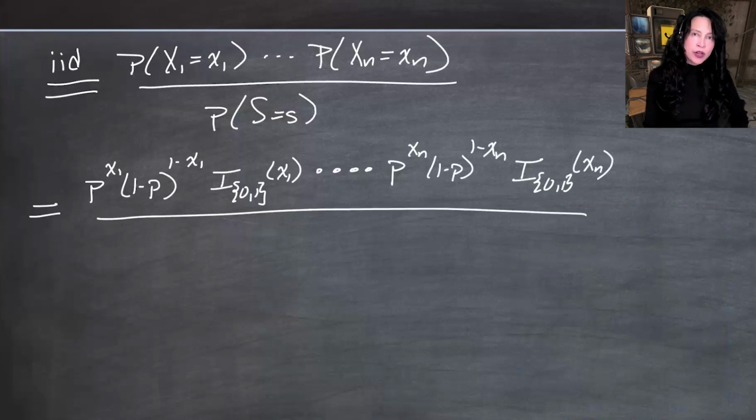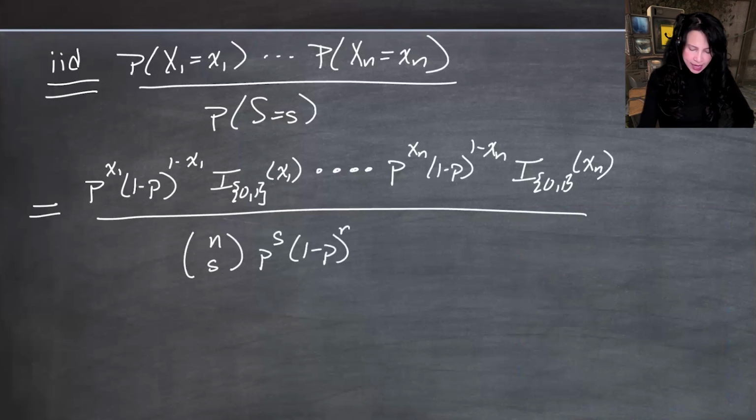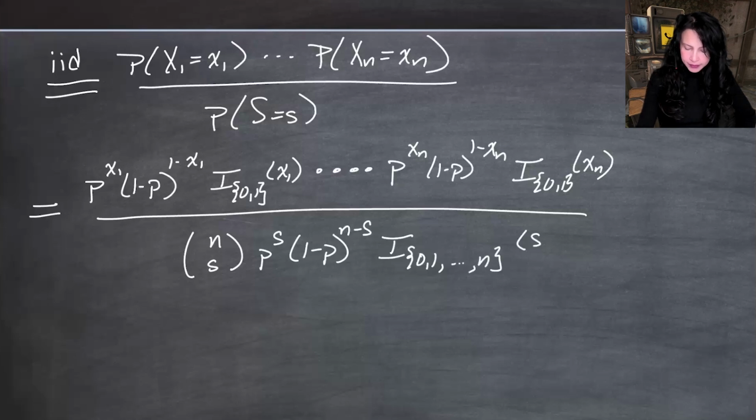And then down here, I want to use the fact that S has a binomial distribution with parameters n and p. So the probability that the binomial is equal to little s is n choose s, p to the s, 1 minus p to the n minus s, and an indicator saying that s has to be in the set 0, 1, 2, up through n. There's the binomial PDF.